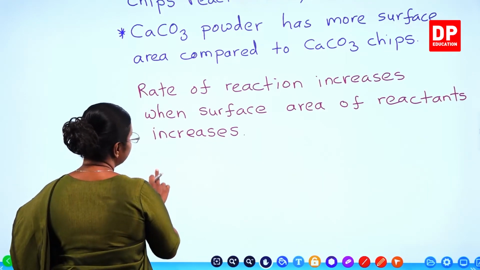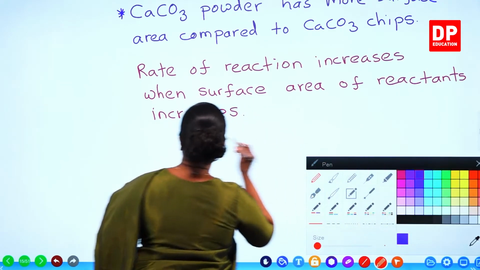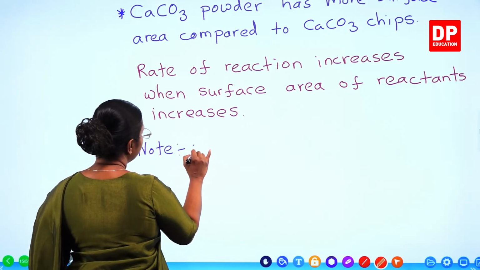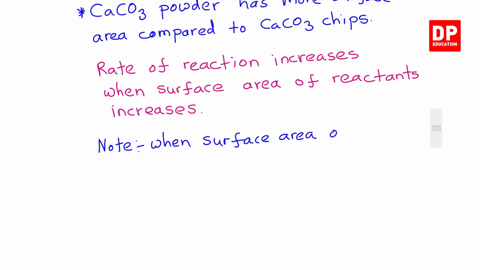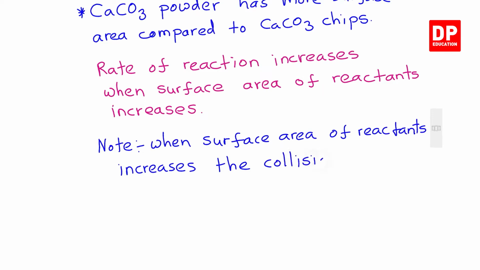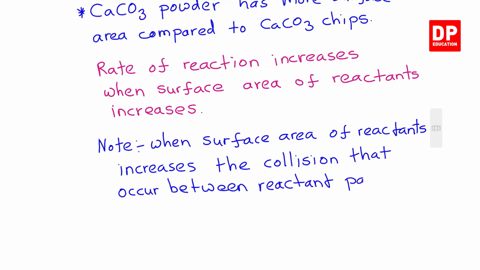So I will write that as a note here. Note: when surface area of reactants increases, the collisions that occur between reactant particles increases.